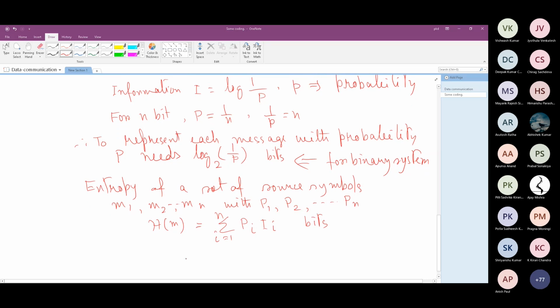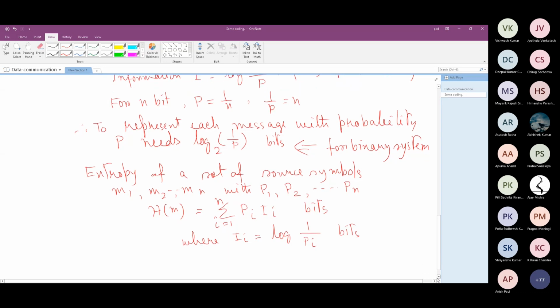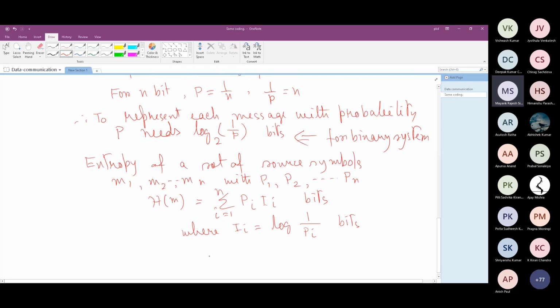So Ii, where Ii is given by log of 1 by Pi bits. So that is the information content. So here, what is the base of the log that we are taking? Is it natural e or any other number? Yes, 2.